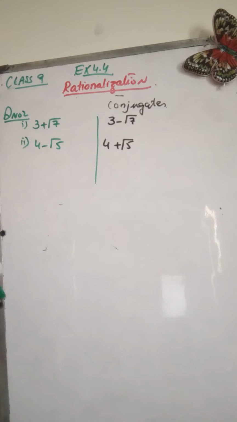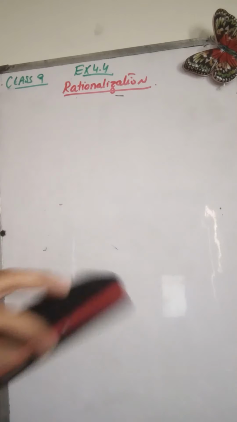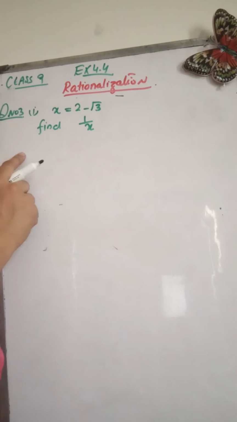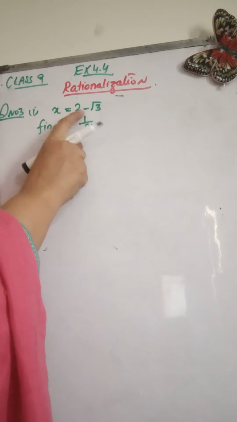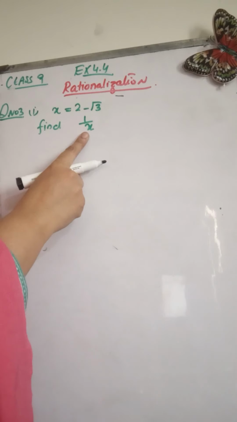Now starting question number 3 part 1. In question number 3, we are given x is equal to 2 minus under root 3. We have to find 1 over x.